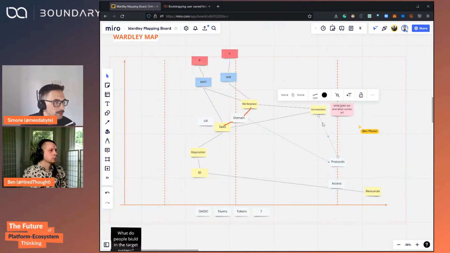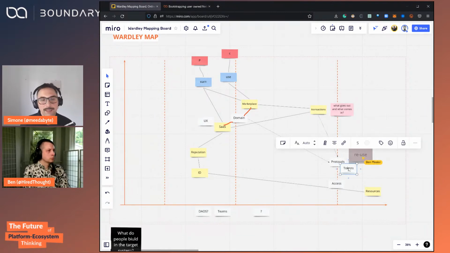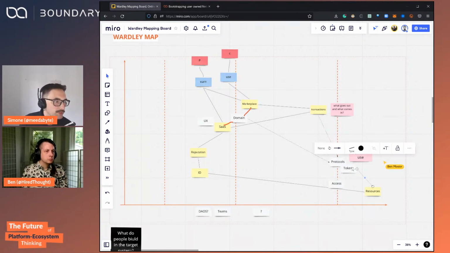And it's attached to tokens that, to some extent, generate a financial upside for people to run the network, run the infrastructure. So tokens, in a way, are proxies to the computing resources, for example.